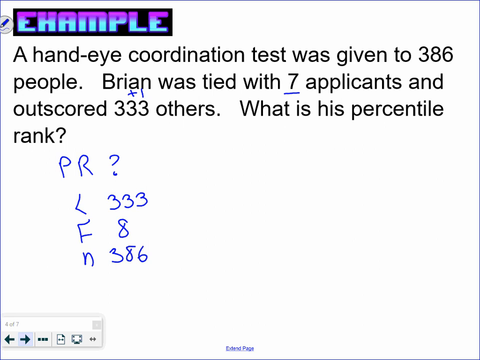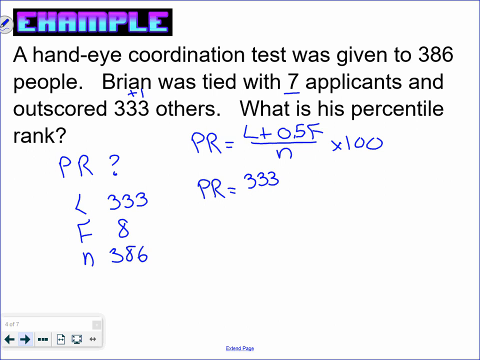So now let's put this into our formula. So PR equals L plus 0.5F divided by N, and then we multiply this by 100. So L is 333 plus 0.5 times F, which is 8, divided by N, which is 386, and then we multiply it by 100.